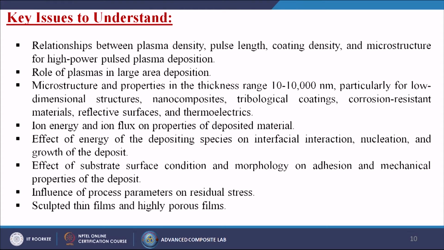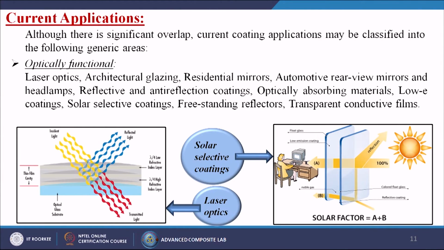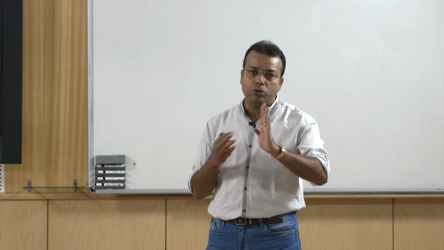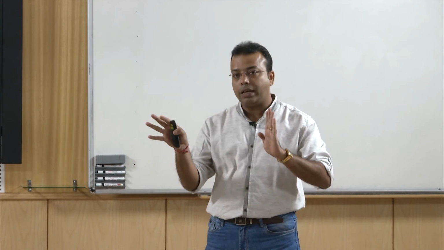What are those? Optically functional materials, laser optics, architectural glazing, residual mirrors, automotive rear view mirrors, headlamps, reflective and anti-reflection coatings, optically absorbing materials, low-E coatings, solar selective coatings, freestanding reflectors, transparent conductive films, where we are going to use certain kind of materials. Say we are using certain kind of glass, so that the harmful UV rays from the sun are resisted, but still the sunlight can go inside our room.